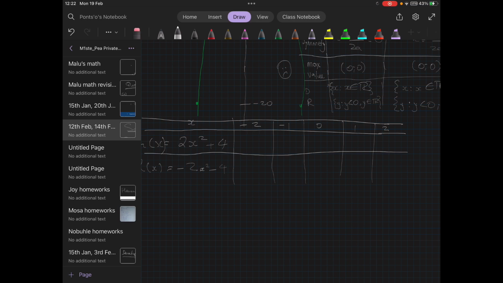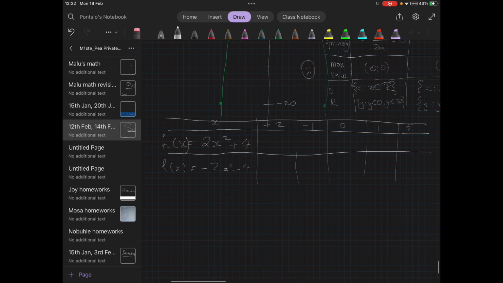So, alright, where x is negative 2, how much is h of x? 12. Yes, positive 12. And for x is negative 1, 6. For x is 0, 4. And that means for x is 1, that'd be 6, and for x is 2, that'd be 12.